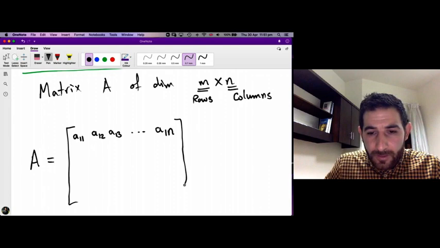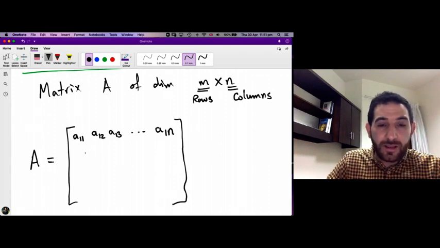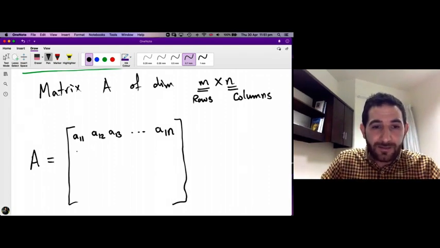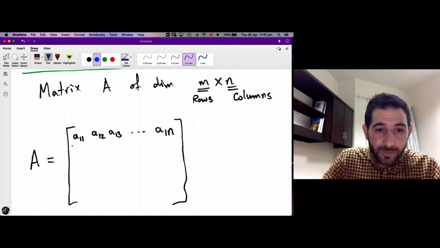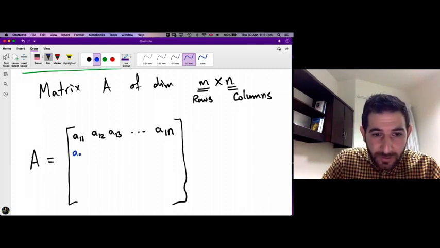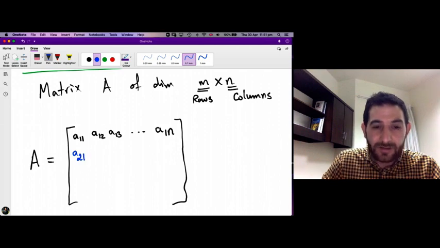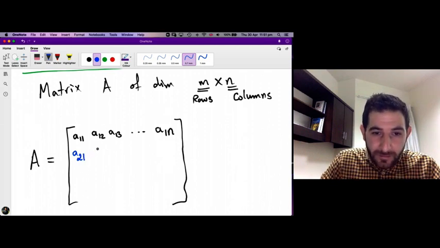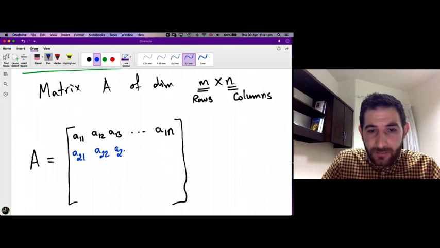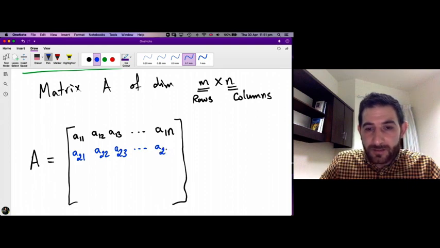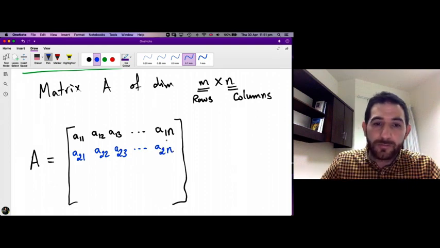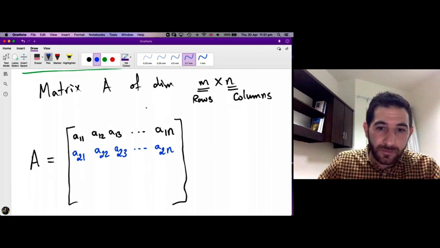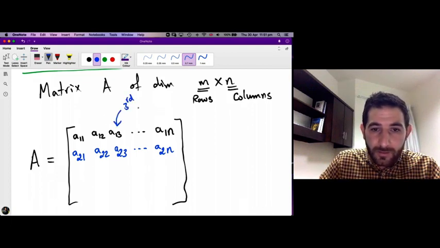Now similarly, we write the entries of the second row. Because it's the second row, the first index should be 2. So this is the second row, first column. This is a22, and this is a in the second row and third column, and so on until the second row and nth column.